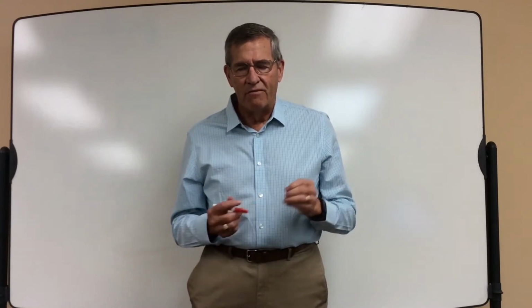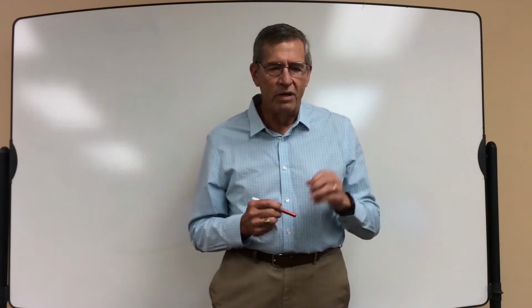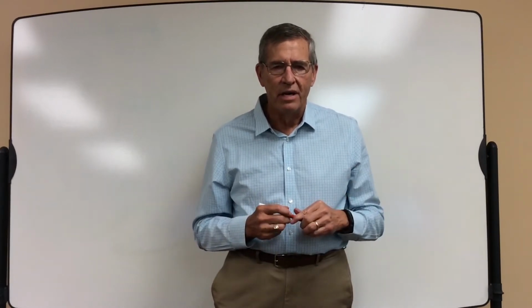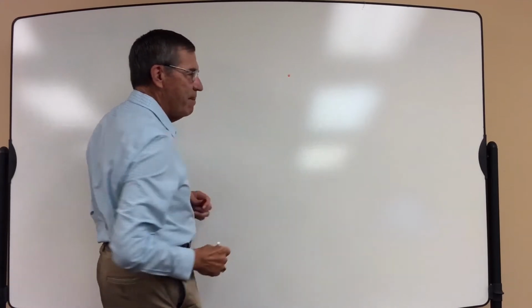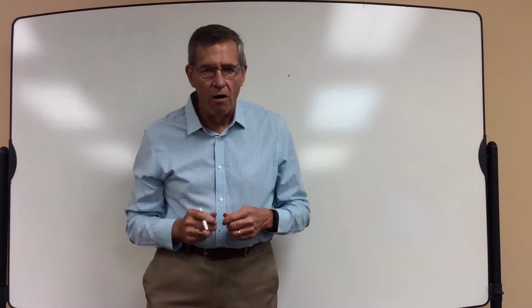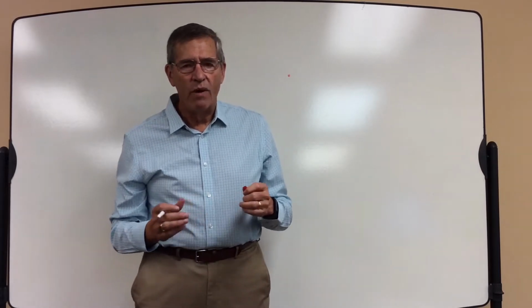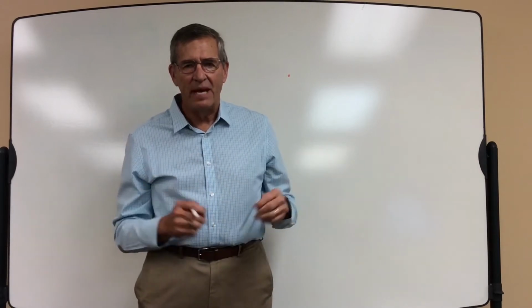Figures are made up of different symbols, and the first building block in a geometric figure is a point. And a point is nothing more than a dot, and that dot is infinitely small, and therefore we can put an infinite number of those dots in any space.